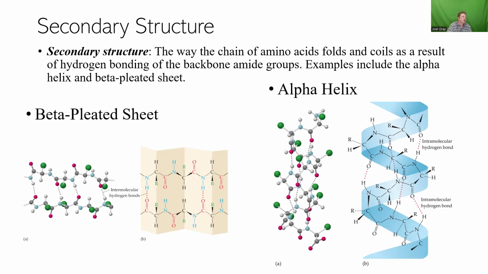It's easiest. So our secondary structure for any and every polypeptide is the way the chain of amino acids folds and coils as a result of hydrogen bonding of the backbone amide groups.